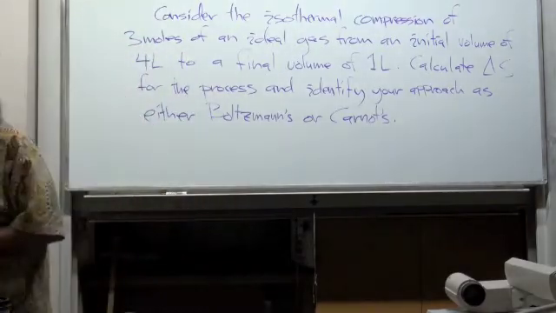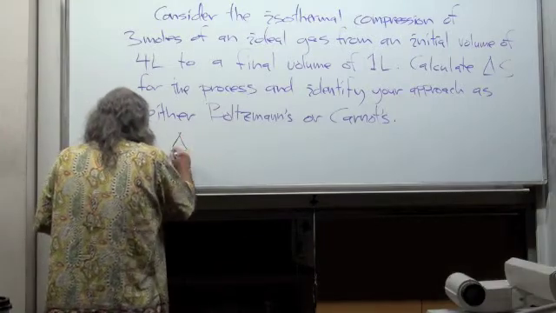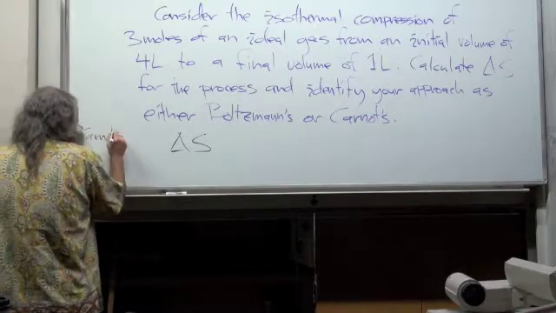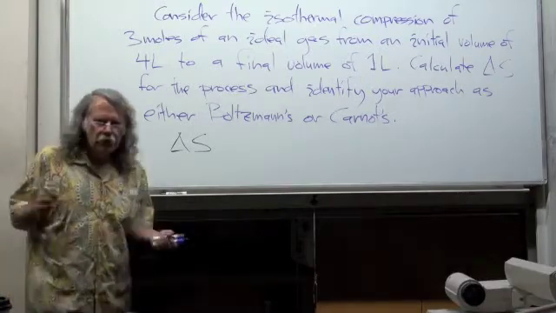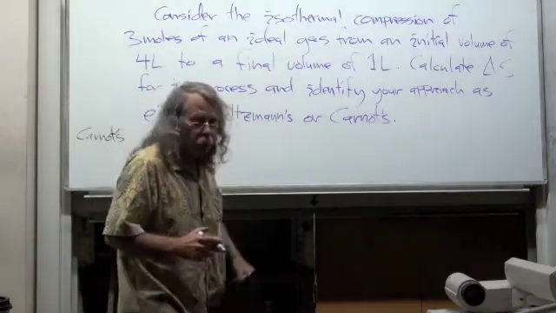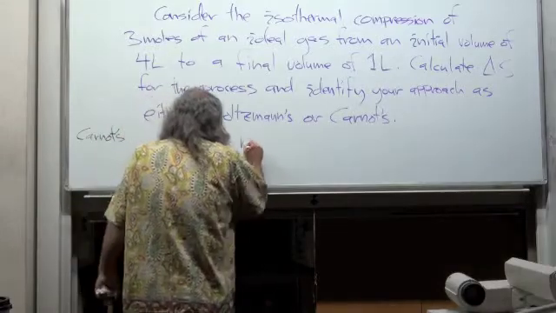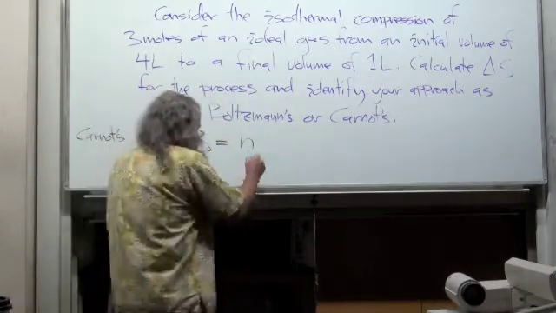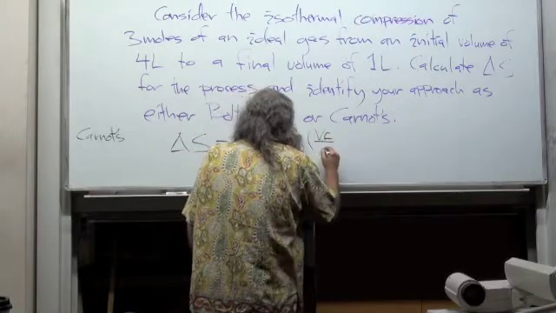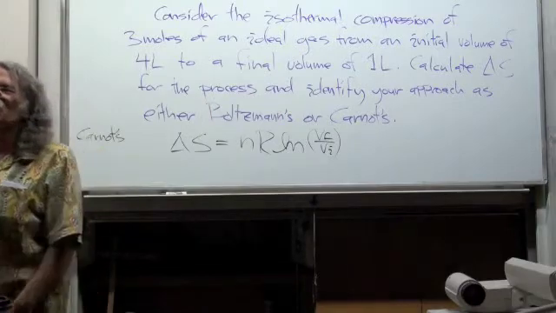And what do we know about the Carnot approach? Carnot showed that delta S for such an isothermal process is equal to nR times natural log of V final over V initial. Well, this certainly does look awfully simple, doesn't it?